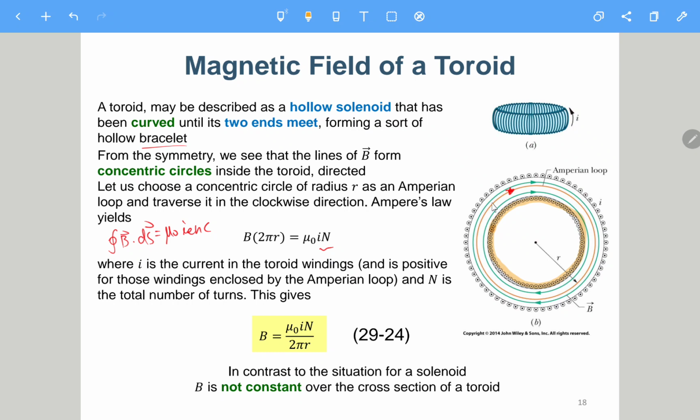We don't need to count how long it is. N times I is the total current enclosed by this Ampere loop, and all of it is pointing into the page. So B times 2 pi r equals mu 0 N I, and finally B equals this term over 2 pi r. Nothing special.